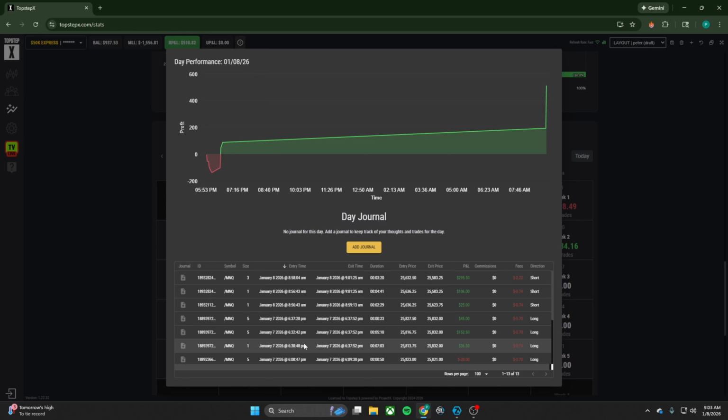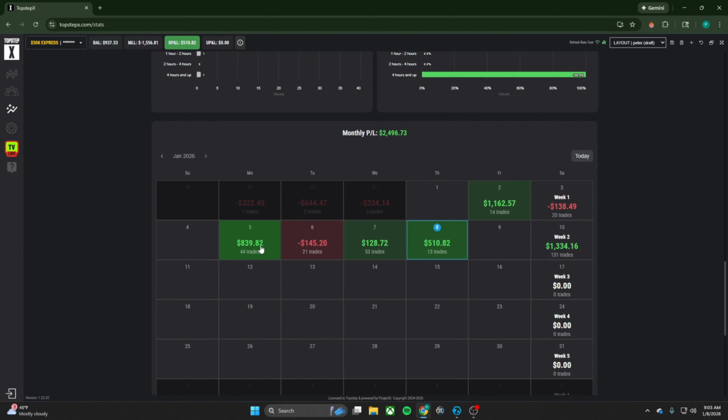Oh wait, this is yesterday's. Sorry. This is 6:30 last night. So here's our 3 trades today. Why is there 2? I don't know if I'm stupid or something, guys. Am I missing something? How many contracts was I in for? 4, right? So 1. I don't know, man.